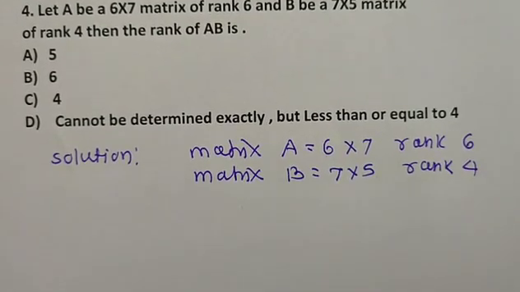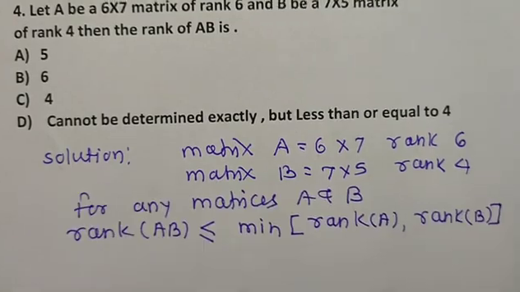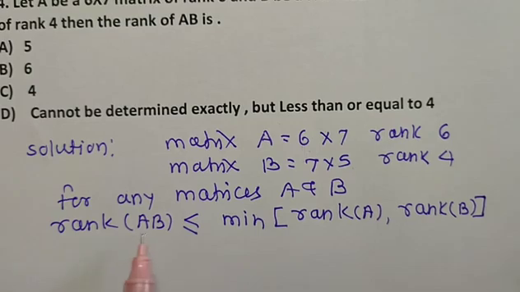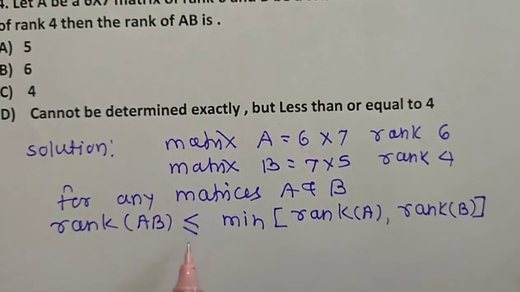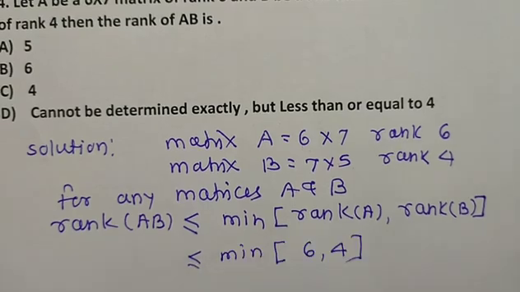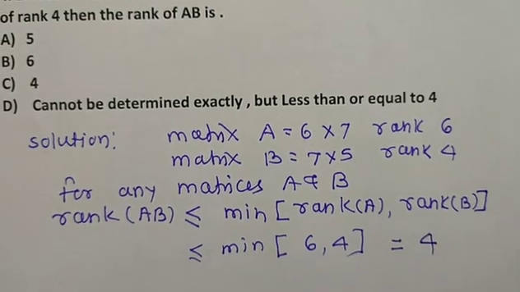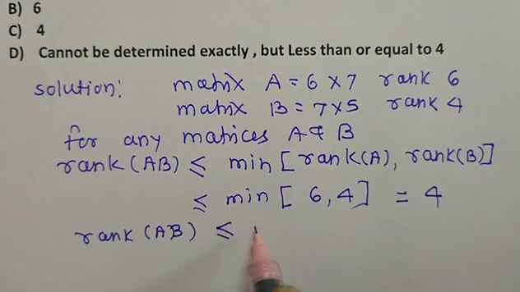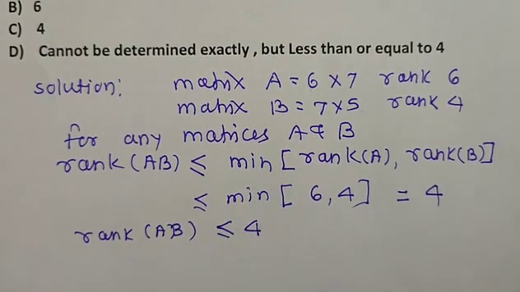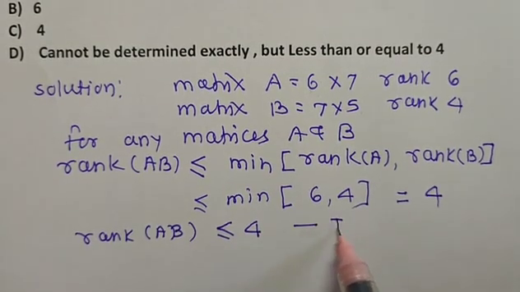Now, for any matrices A and B, rank of AB is less than or equal to the minimum of rank A and rank B. So the rank of A is 6, the rank of B is 4. Which one is minimum? Minimum is 4. So this indicates that rank of AB is less than or equal to 4. Okay. This is supposed 1.